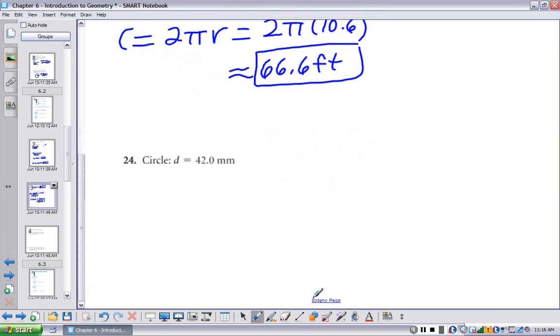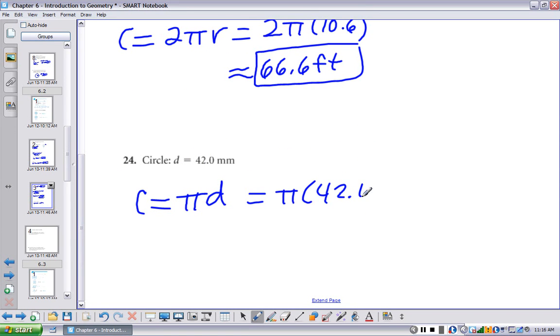And number 24, the circumference is pi times the diameter. So it's pi times 42.0, which is 131.95 millimeters.